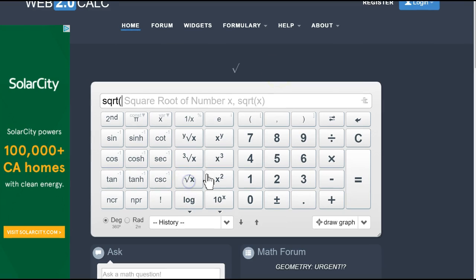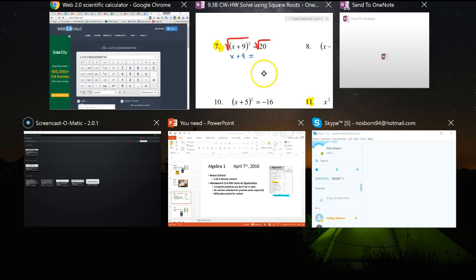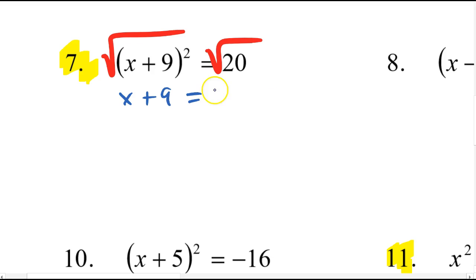Okay, so square root of 20, parentheses around that, equals 4.4721 and a long decimal number. Well, I don't want decimals in my answer. So if you end up with decimals, then just leave it inside the square root, and it'll just be square root of 20. But then again, don't forget the plus and minus.